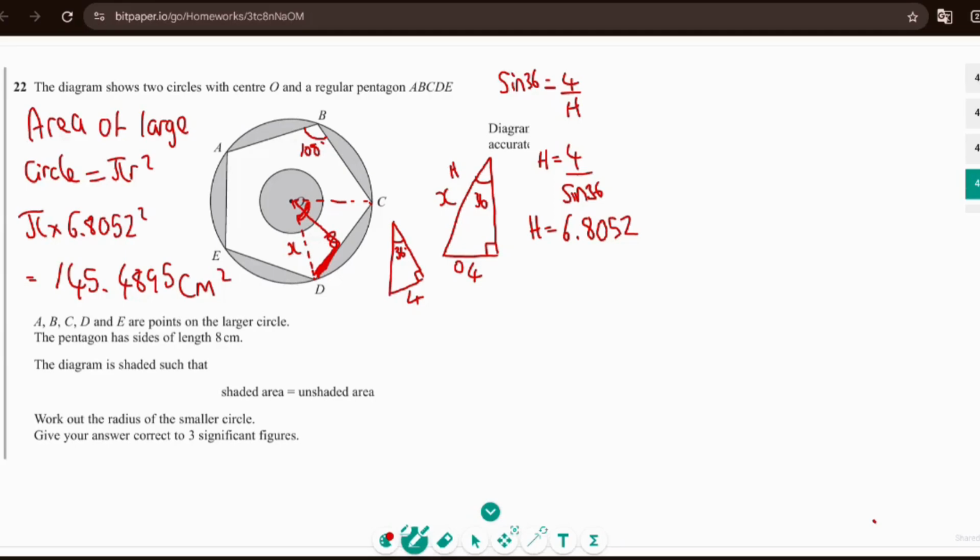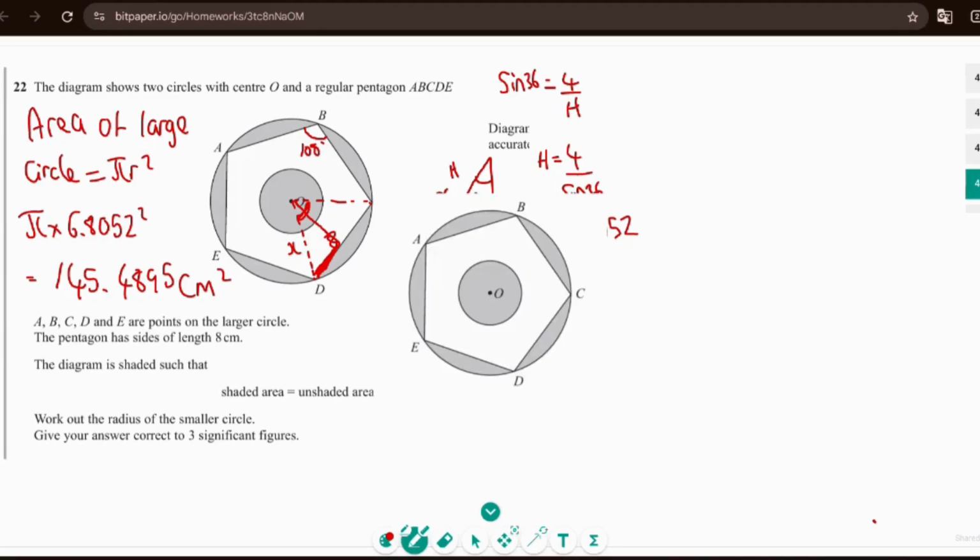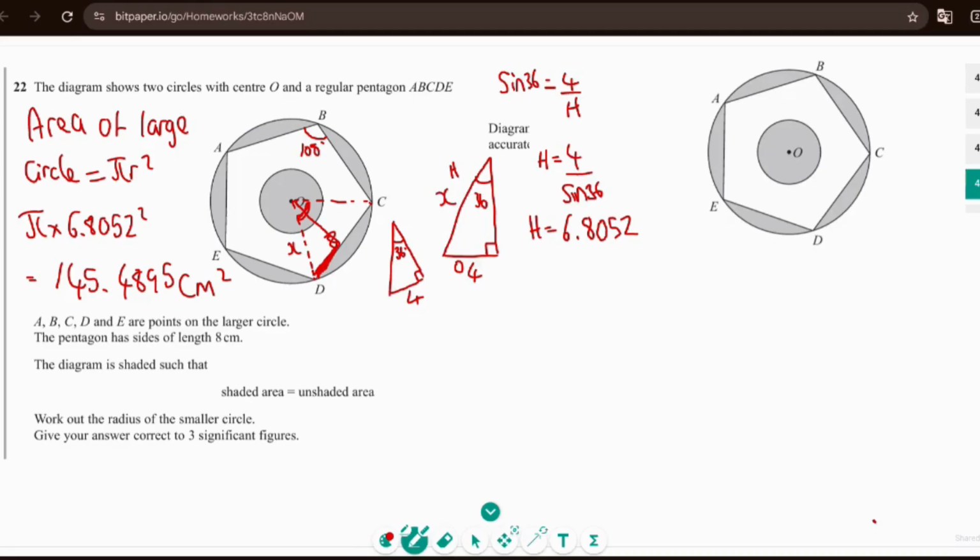Let me just bring another diagram over so it's not too messy. I'm also thinking, can I find the area of this isosceles triangle and times it by 5? Because if I split it up, it's made up of 5 isosceles triangles, the same area. I know this angle here is 72, I worked that out before. I know this length is 6.8052.